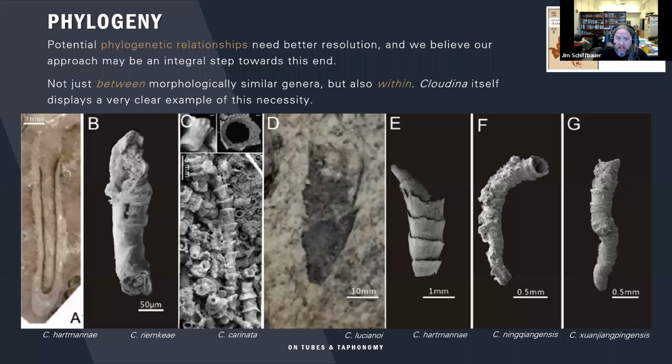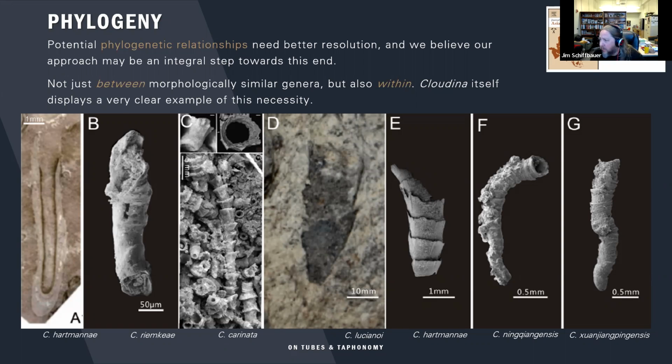For example, I think Cloudina itself needs some more exploration. It occupied a relatively broad range in that figure that you just saw. But if you take a look just across the species that have been defined within the genus, this is work from Xu Chai not long ago, I think 2021, where this was published in a survey of the cloudinids.